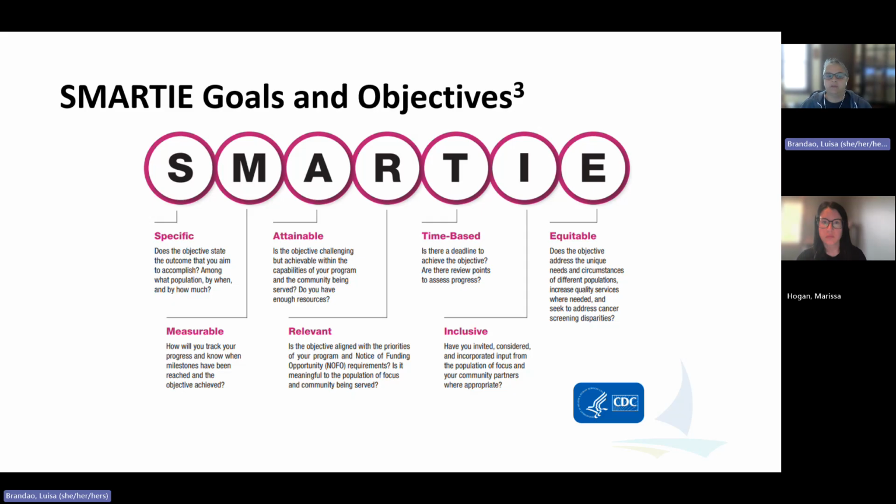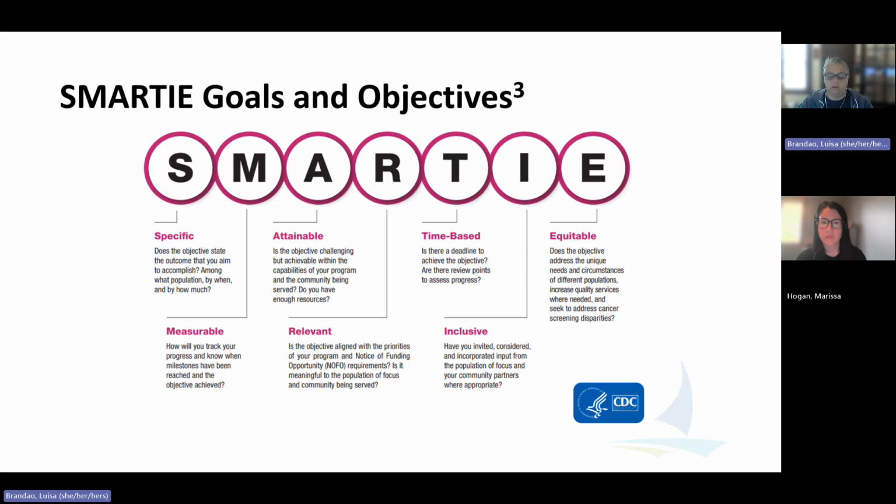Is it time-based? Do you have a deadline, saying something like within 3 months, within 6 months, within the first week? In a process evaluation, for example, you will have those objectives. You'll say in the first 3 months of the program, we will host 3 meetings or something like that.